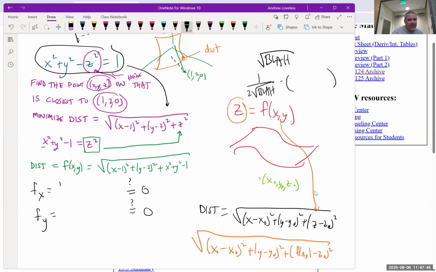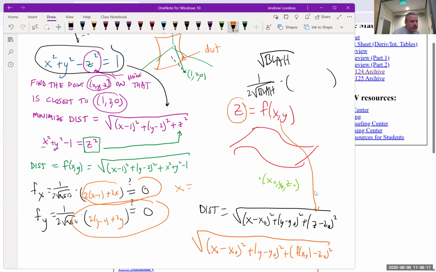So sometimes I just write 1 over 2 times the square root of the mess times the derivative of the inside. And the reason I don't care about that is because I'm about to set it equal to 0. So now I need the derivative of the inside. This would be 2x minus 1 plus 2x. This would be 2y minus 2 plus 2y. And then I can solve this for x, solve this for y.